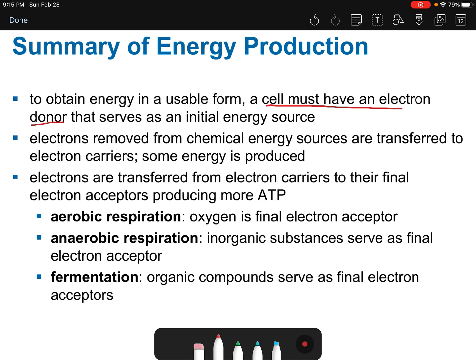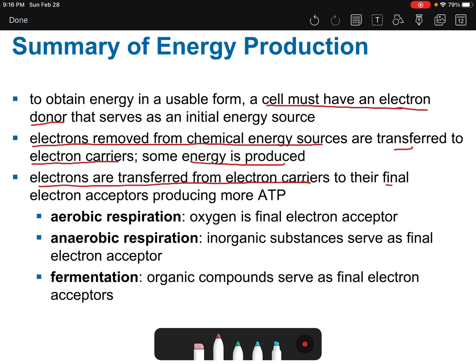Cells have to have an electron donor that serves as the initial energy source. So, if we're going to break down glucose, it's going to donate some electrons to those electron carriers. The electrons removed from the chemical energy sources are transferred to electron carriers. Some energy gets produced.